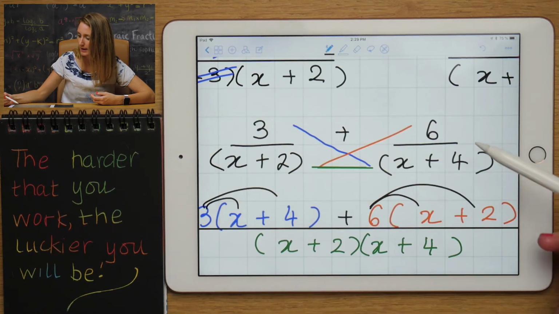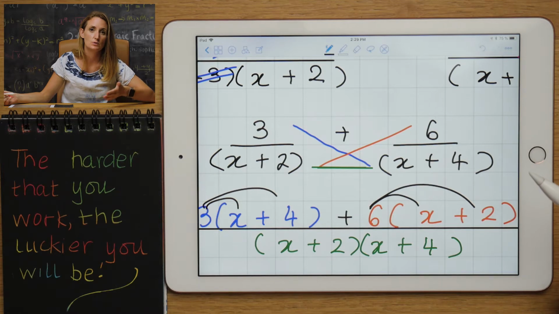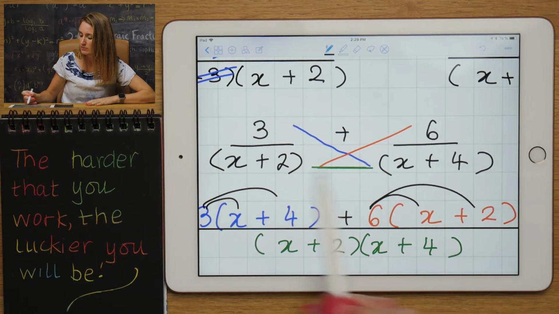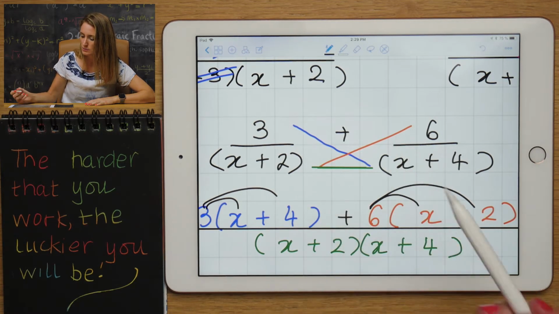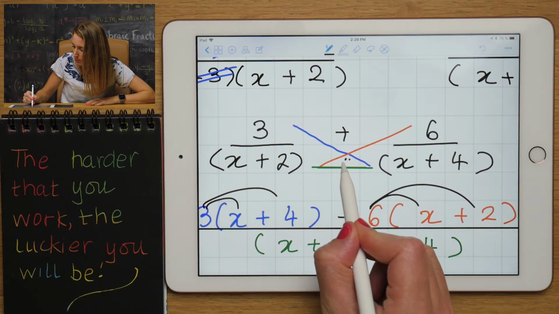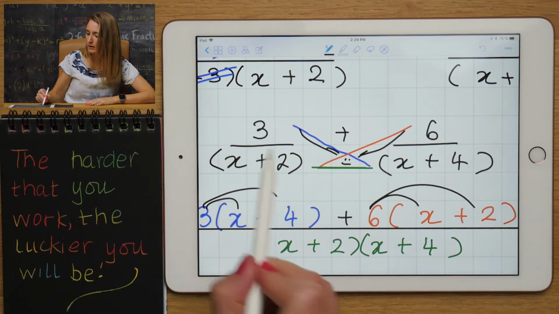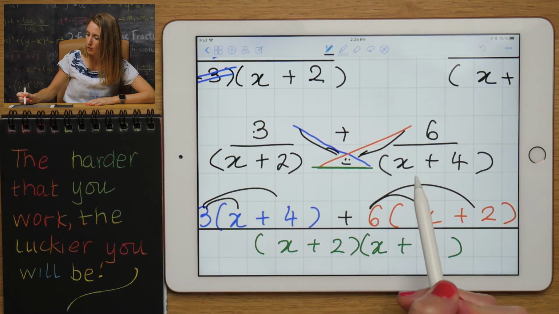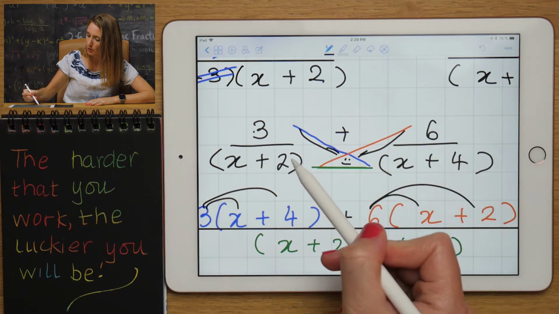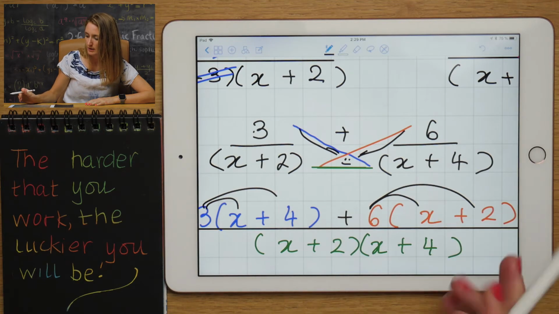If the bottoms are completely different, it's quite handy to cross multiply. I call this the bunny method because it looks like a little bunny. So you multiply this top with the opposite bottom, add this top and the opposite bottom, and multiply the two bottoms together.